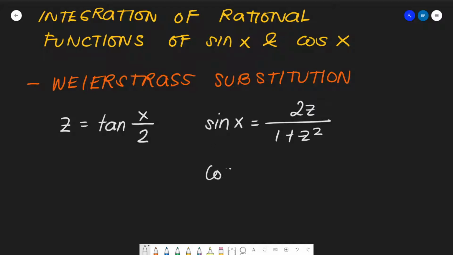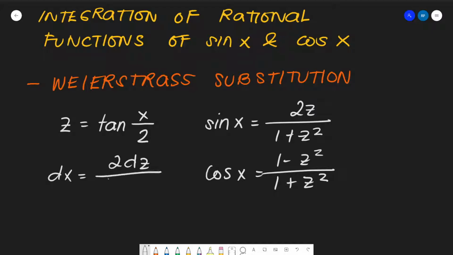For cosine x, we have 1 minus z squared over 1 plus z squared. And dx is 2dz over 1 plus z squared.